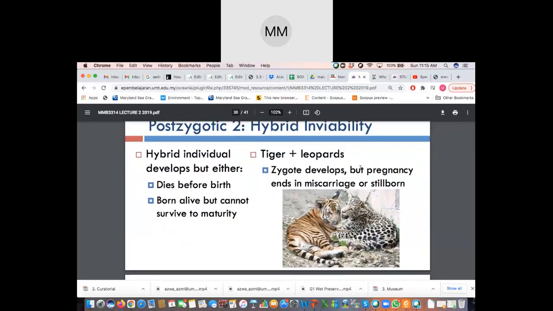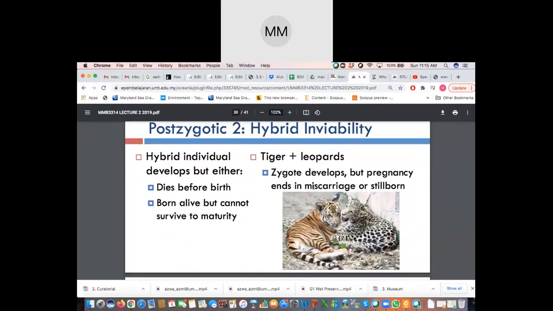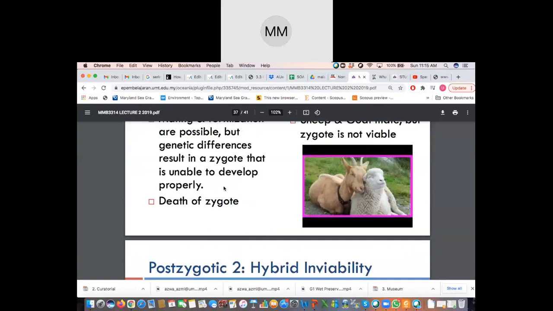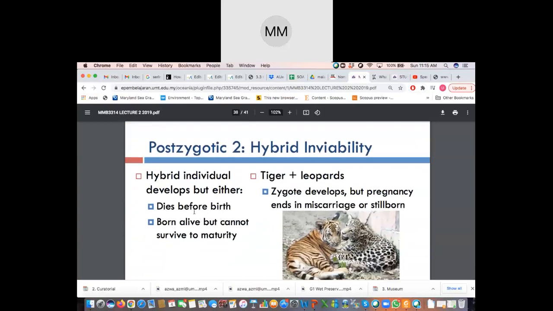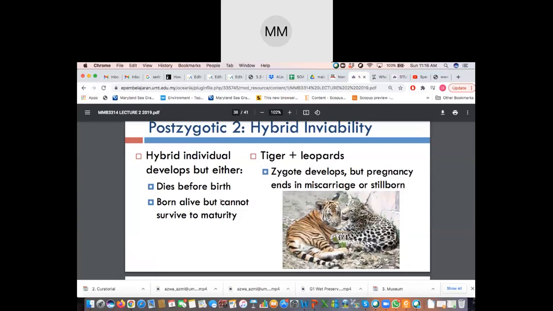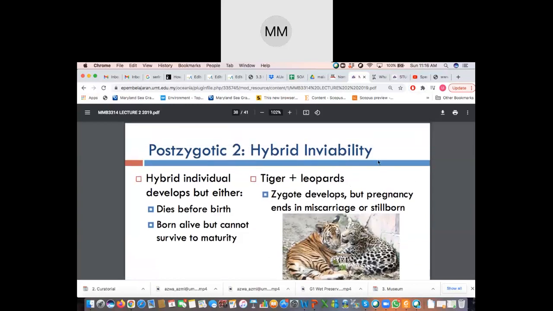The zygote develops, but then the pregnancy ends in a miscarriage or stillbirth. So you notice how it's more of a process here. In this case, the zygote dies within the womb. In this case, it's dead after birth, or a miscarriage or stillbirth occurs, or it might be alive but it doesn't come to maturity. So this is hybrid inviability.